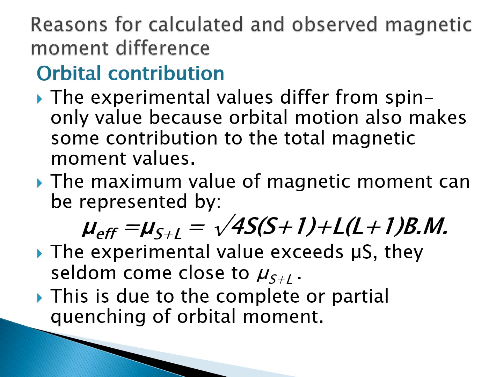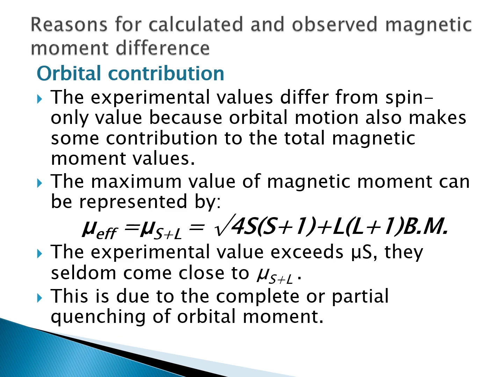Reasons why calculated and observed magnetic moments differ: we will discuss the orbital contribution. The experimental values differ from the spin-only value because orbital motion also makes some contribution to the total magnetic moment values.